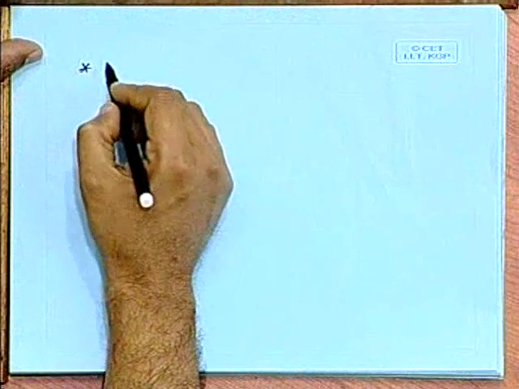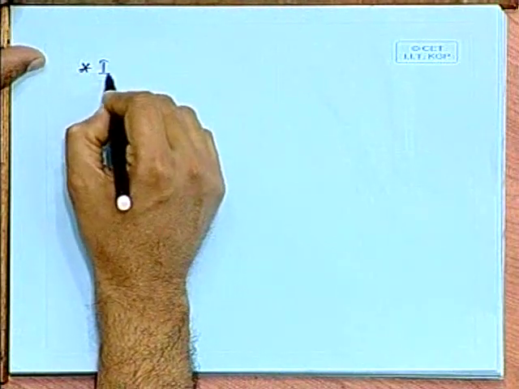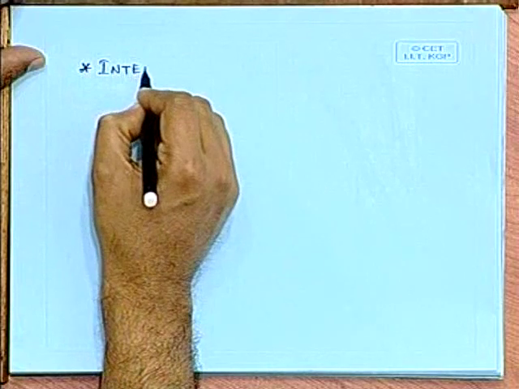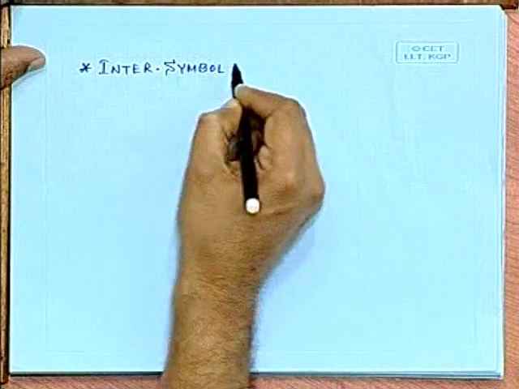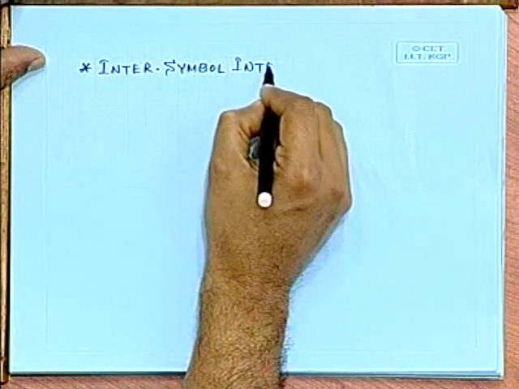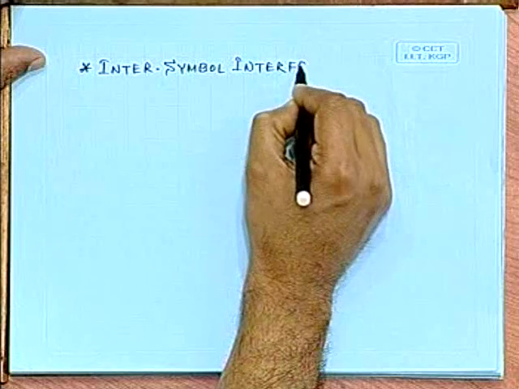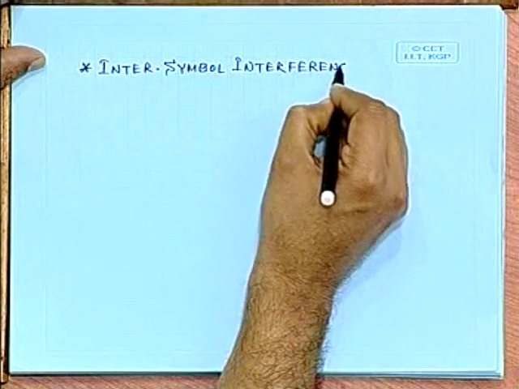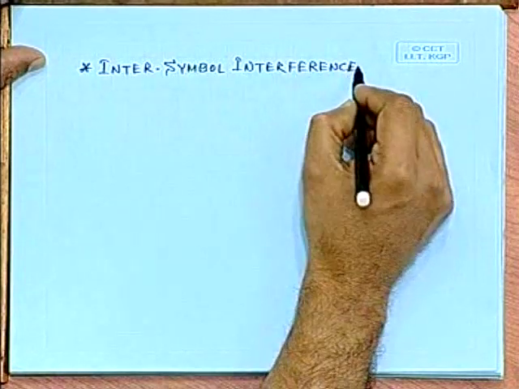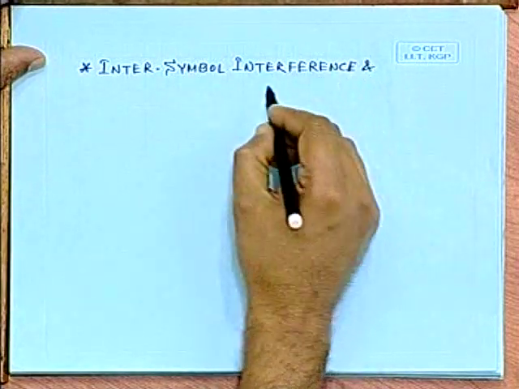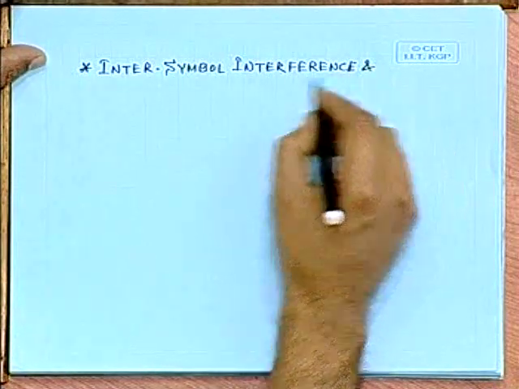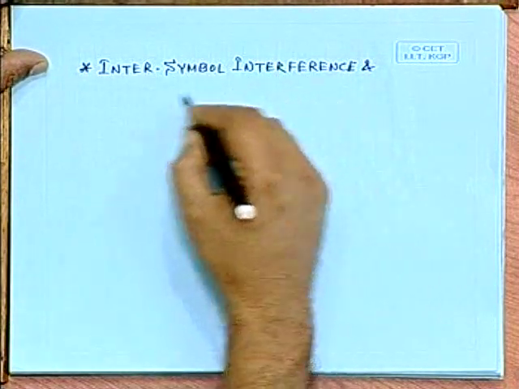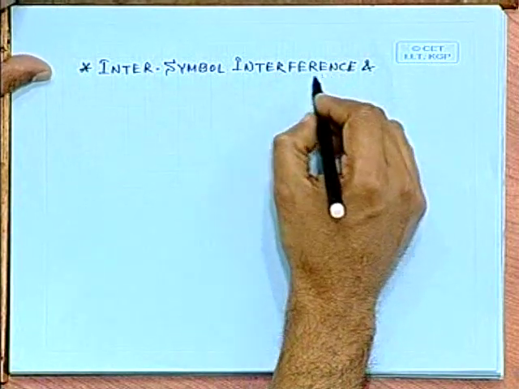The subsequent topics are like this. We should discuss about what is called as inter-symbol interference. And some of its solution mechanisms, mainly equalization.